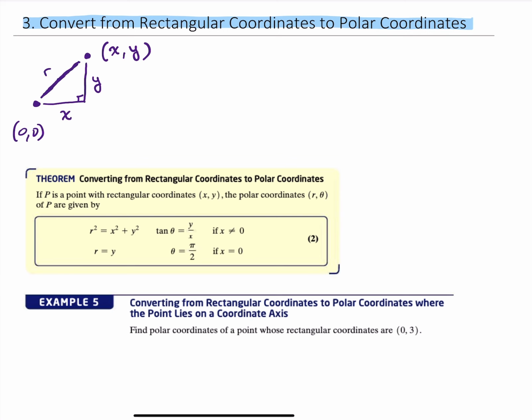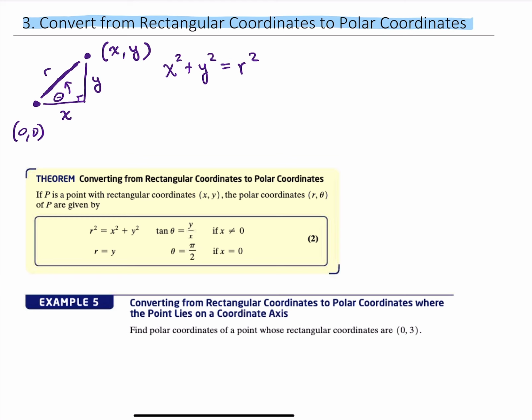And then what we want is this angle theta, because we want to describe this point as (r, theta). Well, r is just the hypotenuse of this triangle. Like, we can cite the Pythagorean theorem and say x squared plus y squared should equal r squared. So that will be useful for us.